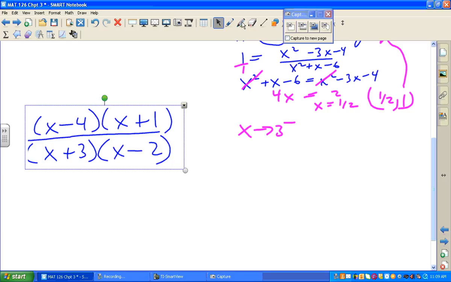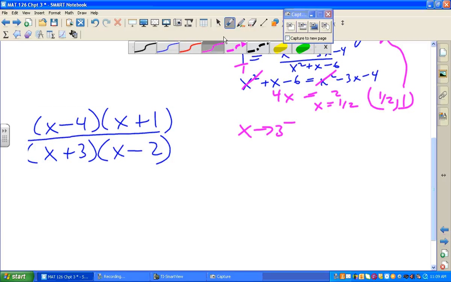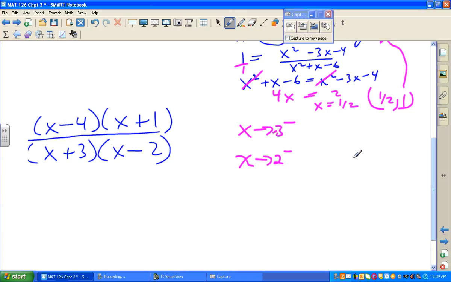Oh, I'm sorry, it should be -3. And we have to do -3 from the right, and then we have to do 2 from the left and 2 from the right.